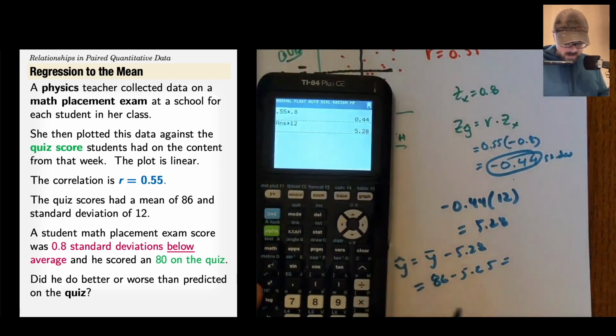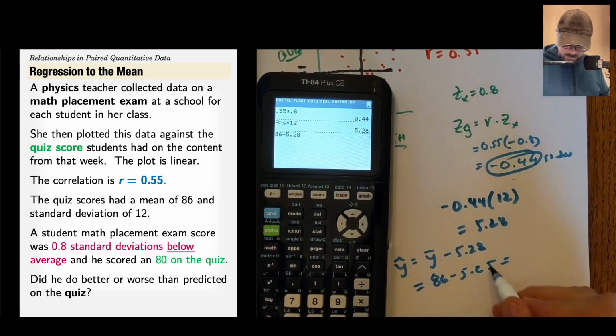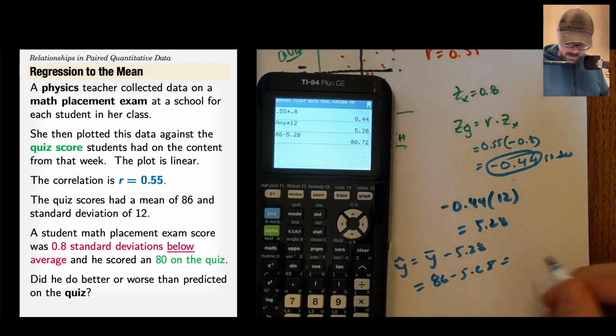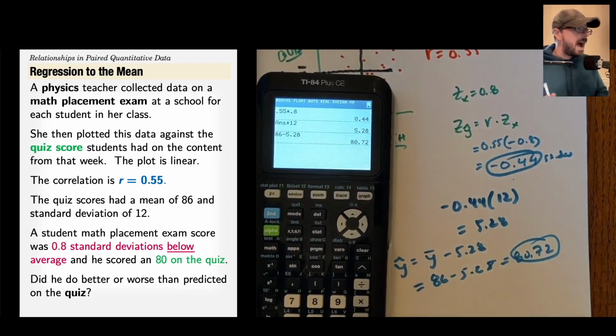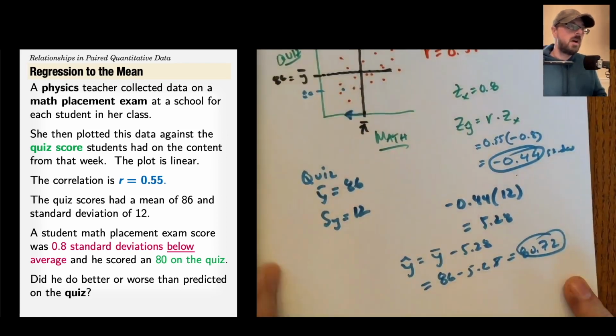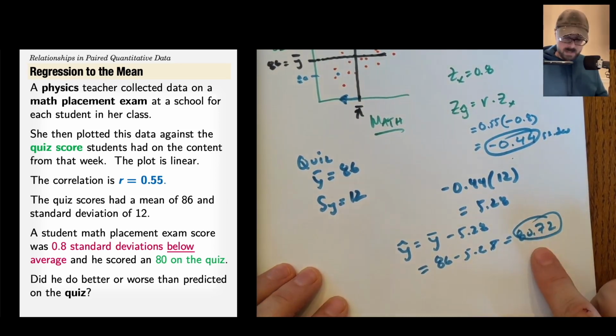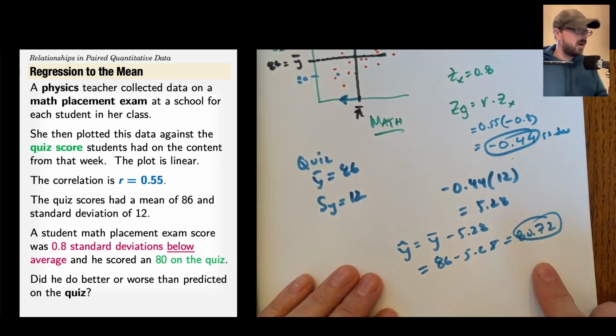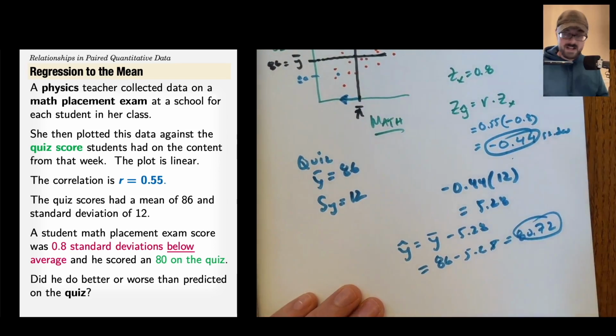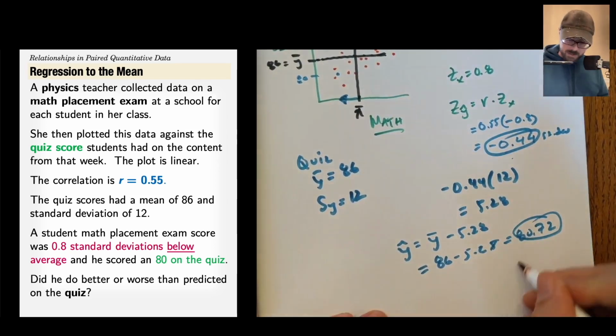So 86 minus 5.28, and I get 80.72. So how did this particular student do on the quiz relative to expectation? Did they do better or worse than predicted? They actually did really close to what we would predict. Fun fact, this student actually got an 80.